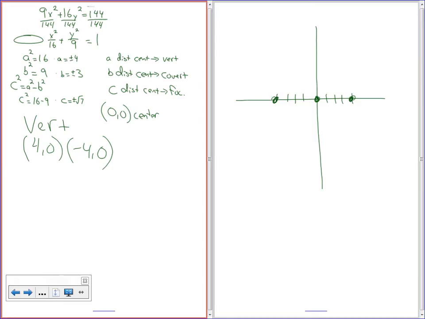After that, my co-vertices go vertical. They go up and down 3, I believe, for my B value. So the co-vertices are 0, 3 and 0, negative 3. And now the last thing I have to put in is the value of C. C is the distance from your center to your focus, and right now we have it at the square root of 7.